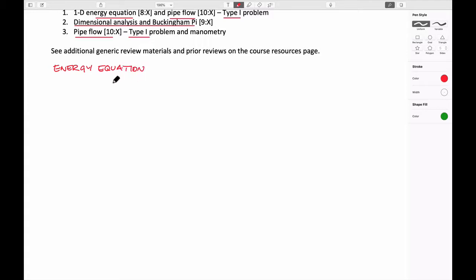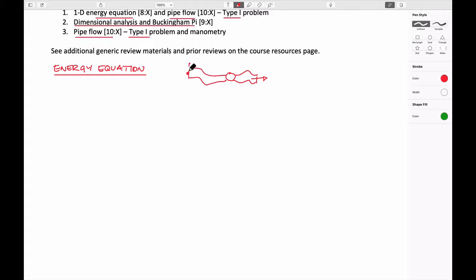I think you know. I guess the important things to remember are that you write it between an upstream and a downstream location. It has to be that way because of the signs of the energy losses or gains within the system.